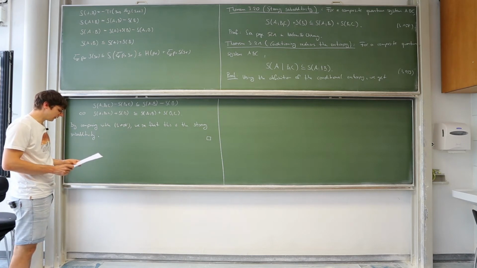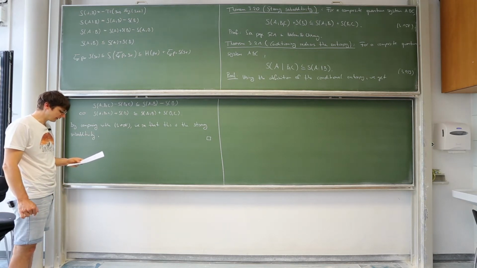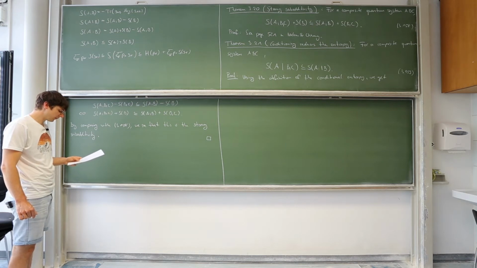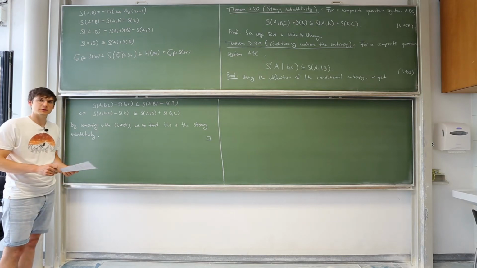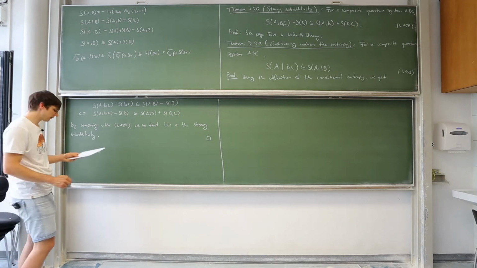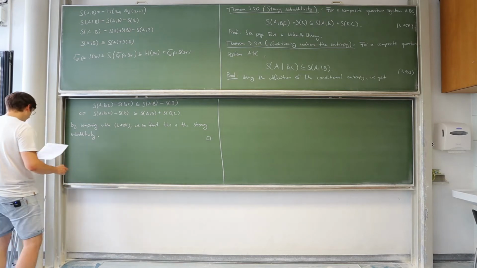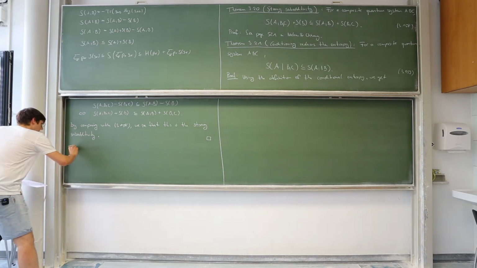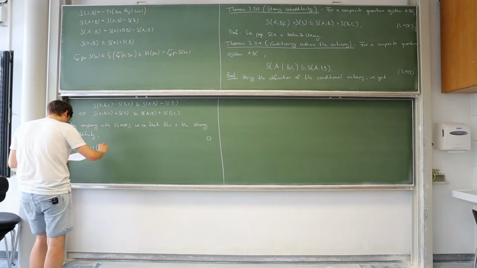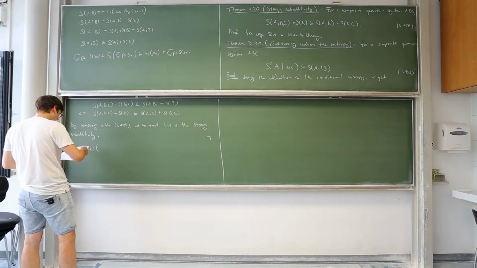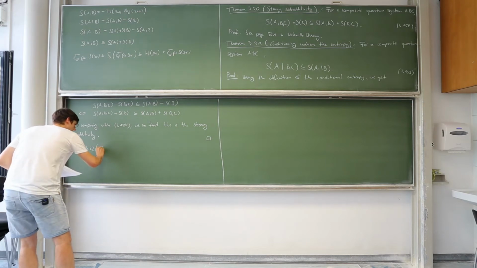Okay, so then there's another property which directly follows from strong subadditivity, and this is our next theorem, namely it tells us what happens if we discard a quantum system. So what happens to the mutual information if we discard a quantum system? So it's theorem 3.22, called discarding quantum systems never increases the mutual information.